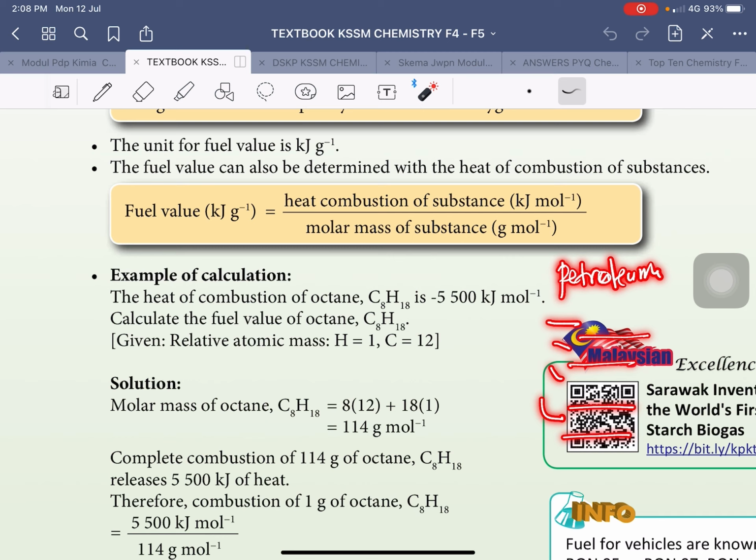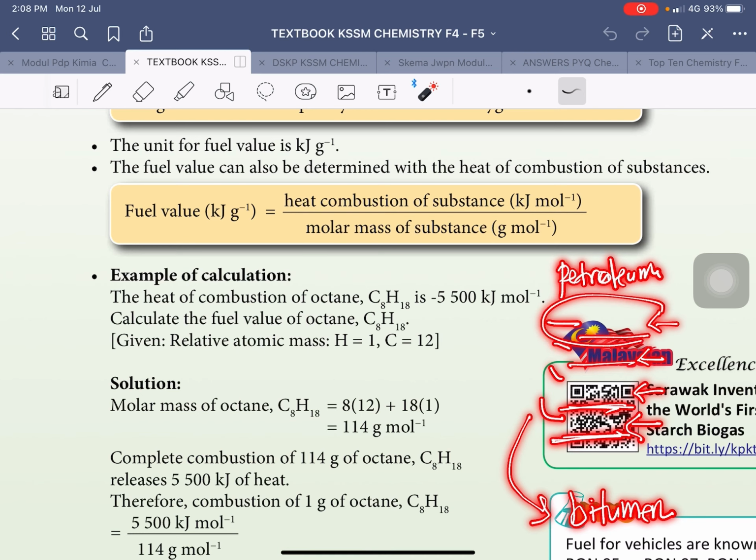So different boiling points have different substances that have different usage. Ada yang guna untuk masak, ada yang guna untuk isi minyak kereta, ada yang guna untuk isi minyak kapal terbang, and so on. Ada yang guna untuk buat bitumen. Bitumen is for making roads. Okay, so different boiling point, different fuel, different substances.